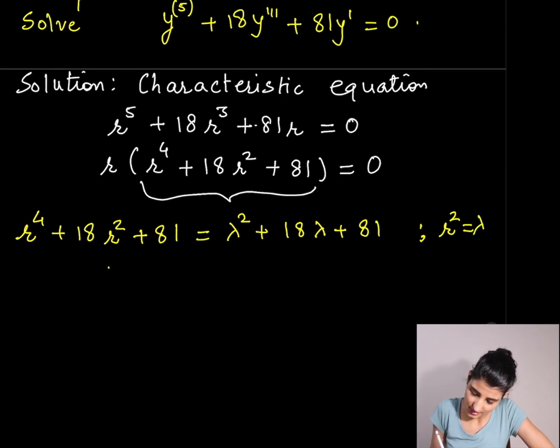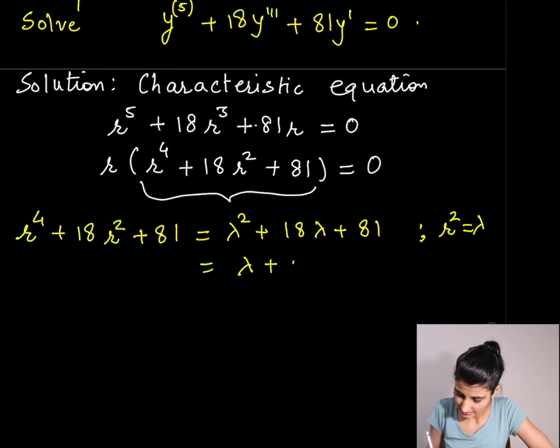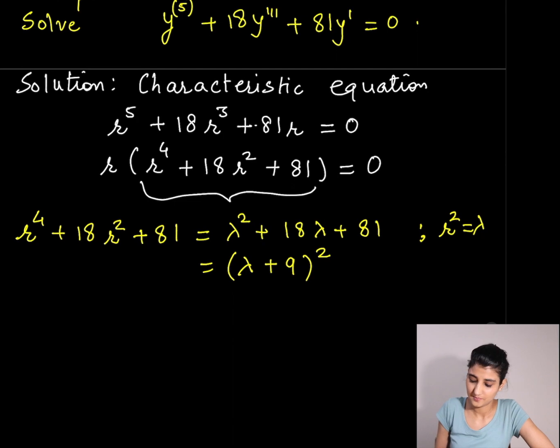And this lambda you can calculate using quadratic formula, or just by factorizing. So this can be easily factored. 81 is 9 times 9, so we will get lambda plus 9 whole square, right?